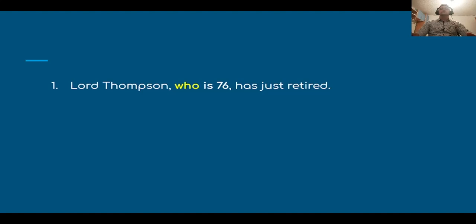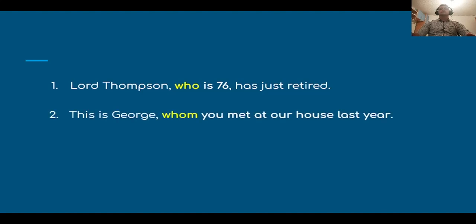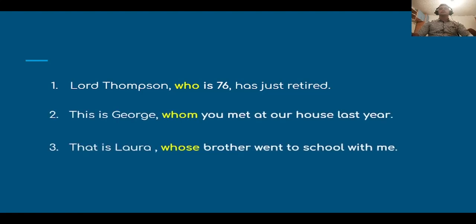So, let's look at some sentences where we can see how the relative pronouns are used in a sentence. The first sentence: Lord Thompson, who is 76, has just retired. The next sentence: This is George, whom you met at our house last year.